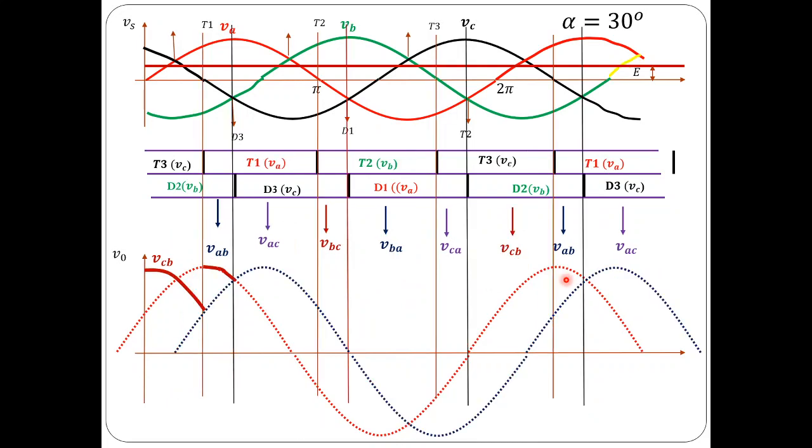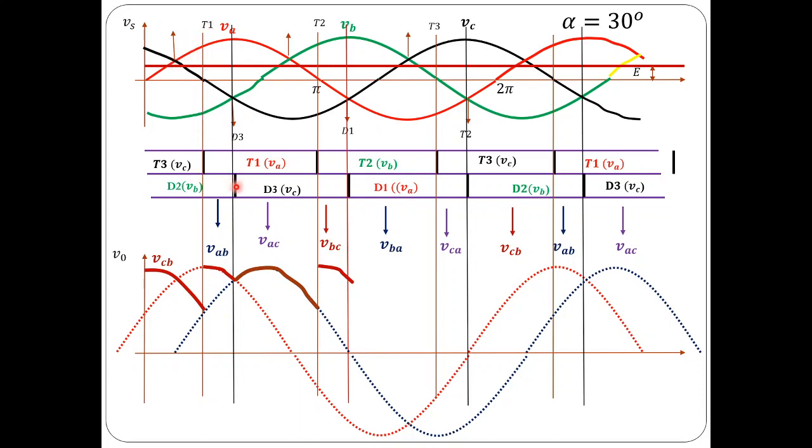Now let me take alpha ranging from 0 to 60 degrees. For example, let me take alpha equal to 30 degrees. What would happen? The conduction diagram for the thyristors would be shifted from alpha equal to 0 to alpha equal to 30, so a 30 degrees shift would be there. Previously thyristor 1 was triggered at this instant, now it is triggered at this instant.